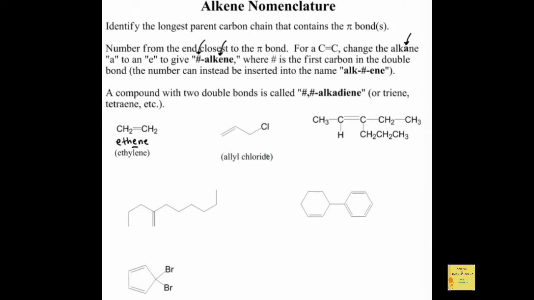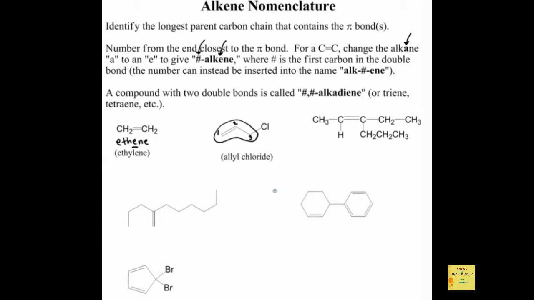This compound is commonly known as allyl chloride because you have a chlorine that's allylic next to a double bond. So it's known as allyl chloride, but let's do its IUPAC name. We have our 3-carbon chain right here. That's our only possibility for our longest carbon chain. And when we go to number it, we're going to number it from the end closest to the double bond. So we'll start from this end, 1, 2, 3.